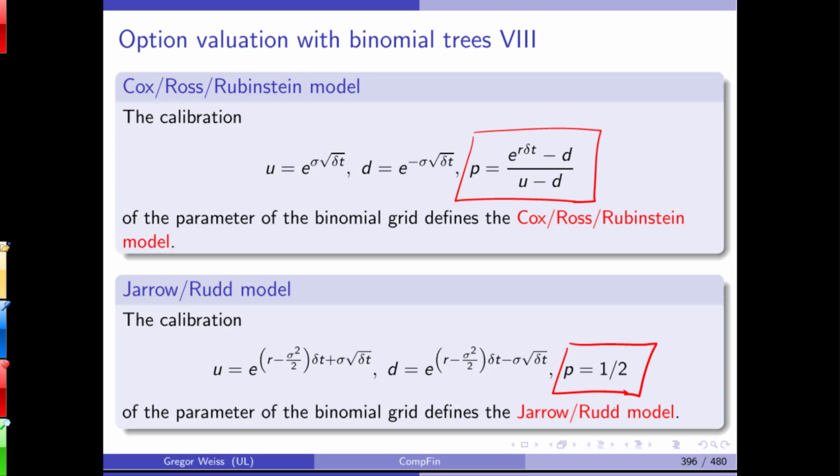Again, you now set p, and this leads to u being equal to this and d being equal to this. You don't need to memorize this, but the main difference is that in the former, you set u equal to 1 over d, and in the latter, you set the risk-neutral probabilities to be equal to 50%.